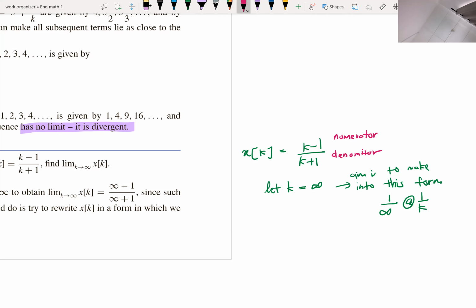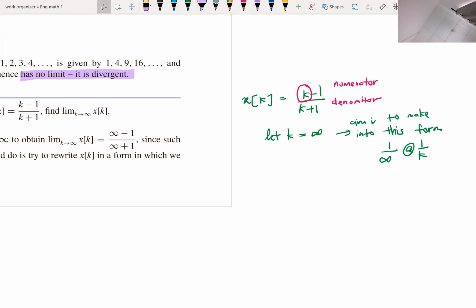Again, the key here is that the function has k. For the numerator, k minus 1, divide by k, the highest power of k.